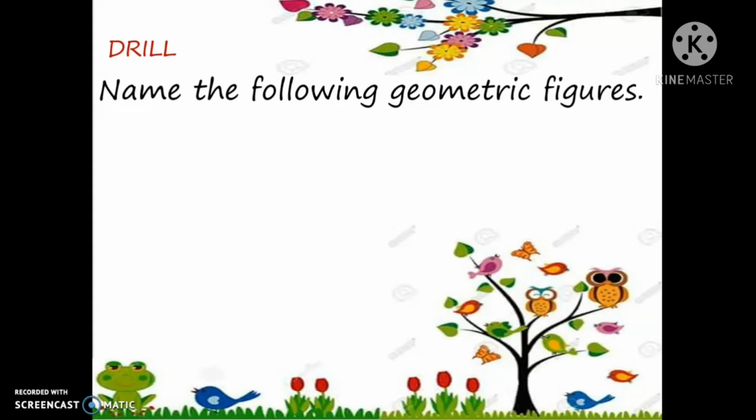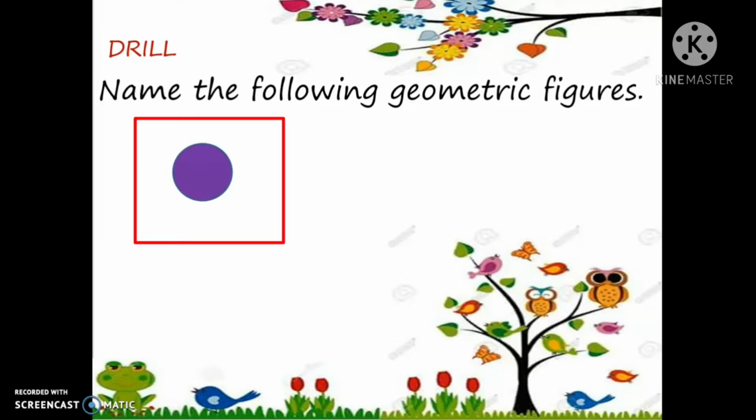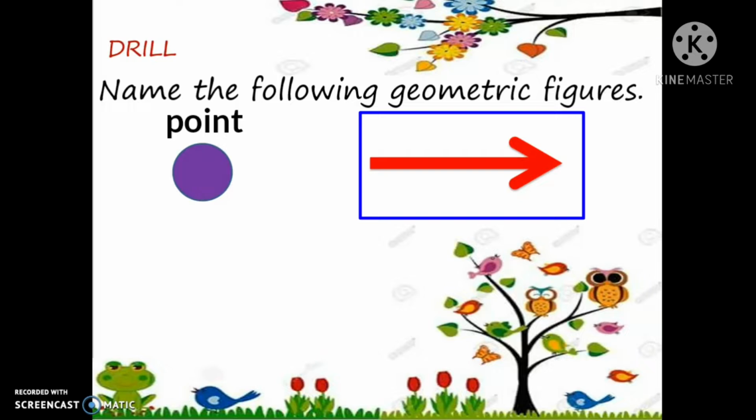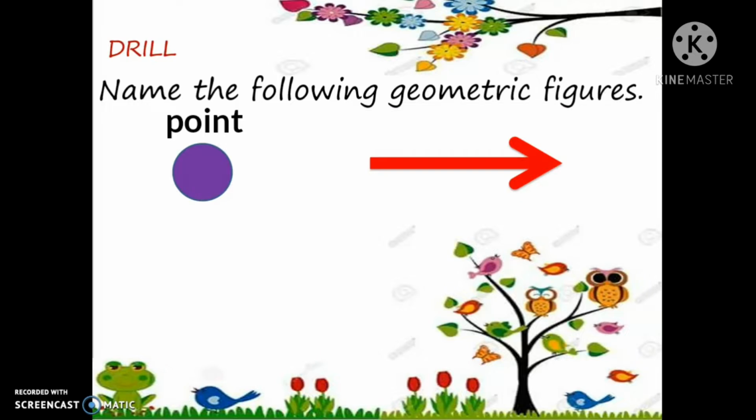Now children, let us have a drill. Can you name the following geometric figures? What is the name of the first geometric figure? Correct. The answer is a point. How about the second geometric figure? Correct.